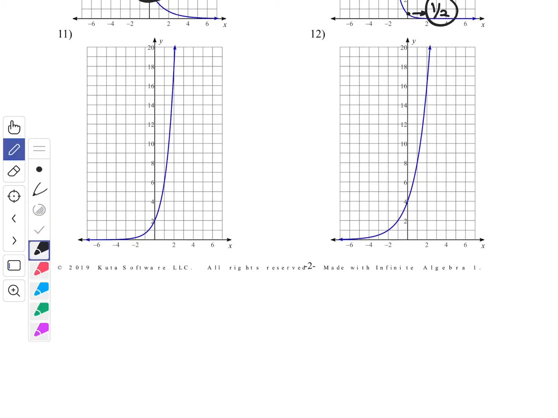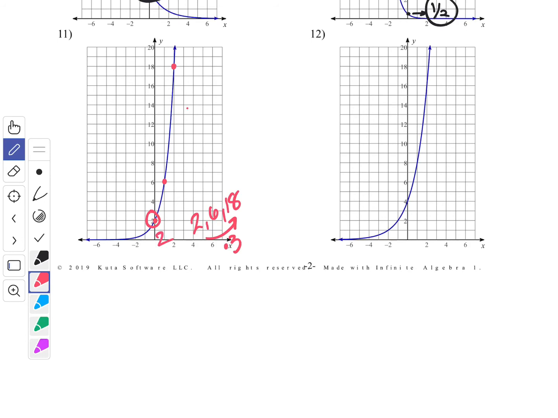All right, 11 and 12. Okay, so again, I think we're here at 18, down here at 6, and at 2. So we go 2 to 6 to 18. So we should be able to see we're timesing by 3, and we're starting at 2. So y equals 2 times 3 to the x.